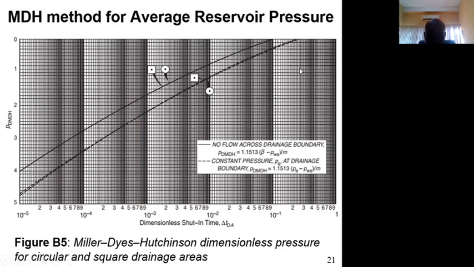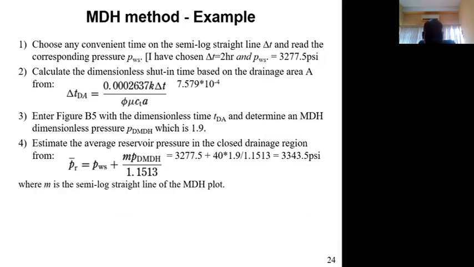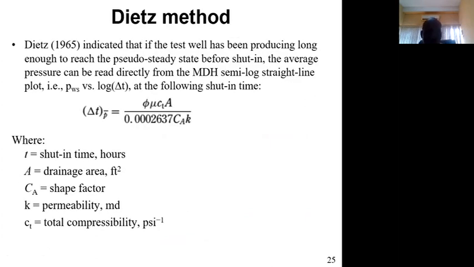Once that is obtained, the 1.9 you get is the dimensionless MDH pressure, and it is substituted here. So this is the shut-in pressure you picked arbitrarily, M is the slope of the graph, and this is the dimensionless pressure. Here we get 3343.5, which is close to what we got from the other two methods.